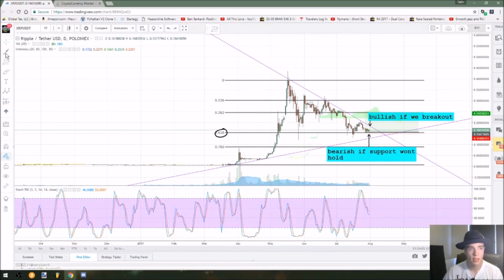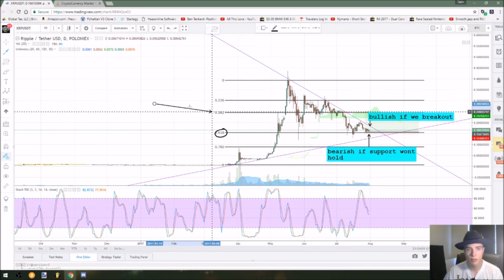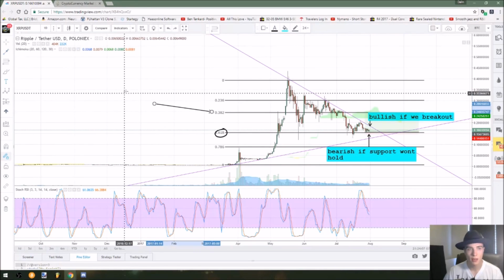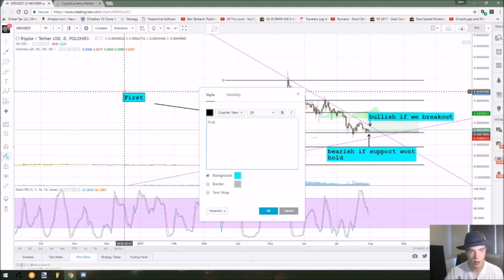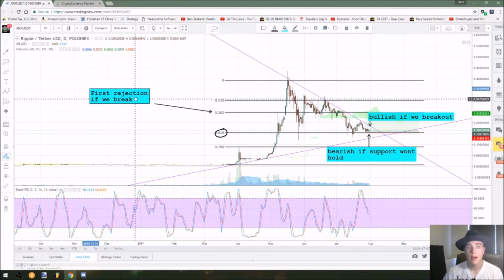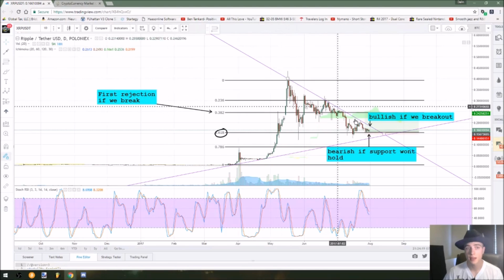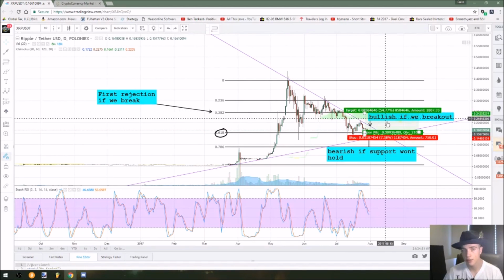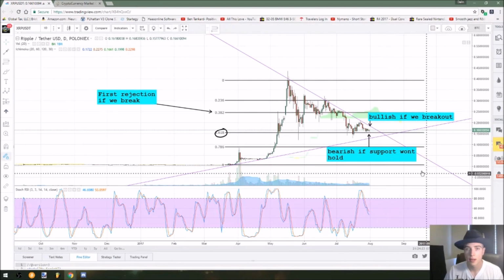As you can see, 54% would be the 382 Fibonacci, which is where I'd see our first rejections if we break. So that would be a very good 50% that you could make on your money in this area, 54.7%.